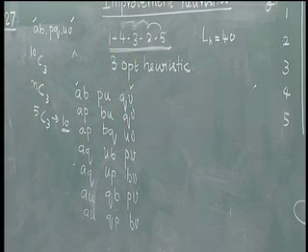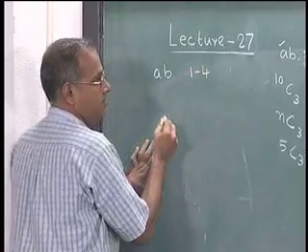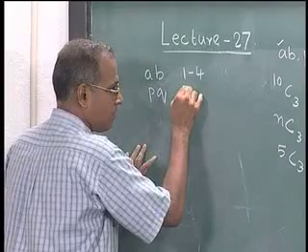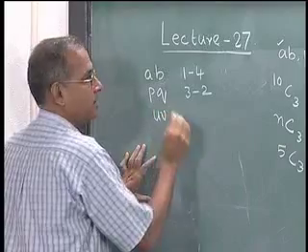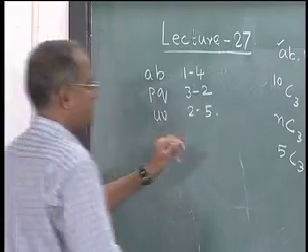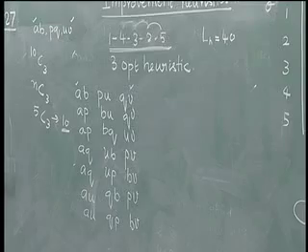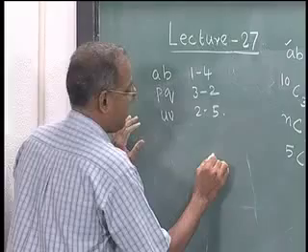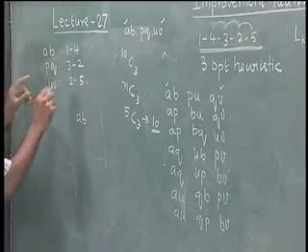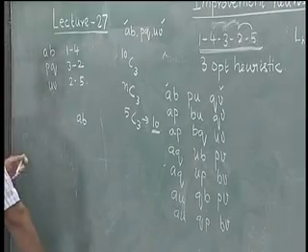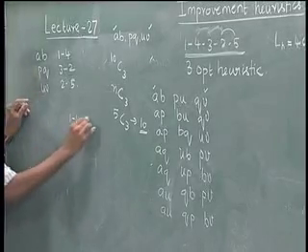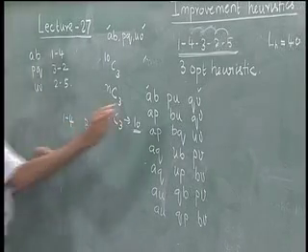If we choose AB as 1,4, PQ as 3,2 and UV as 2,5, then the first one will be AB, PU, QV.